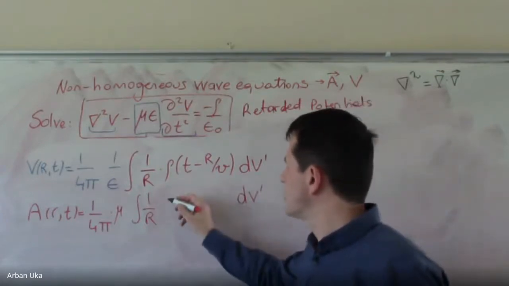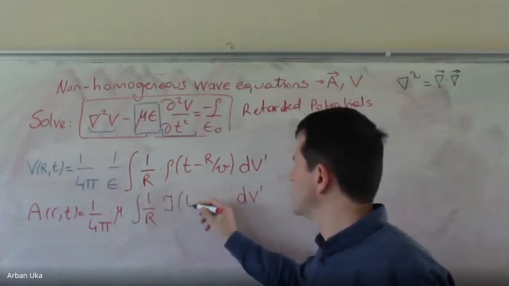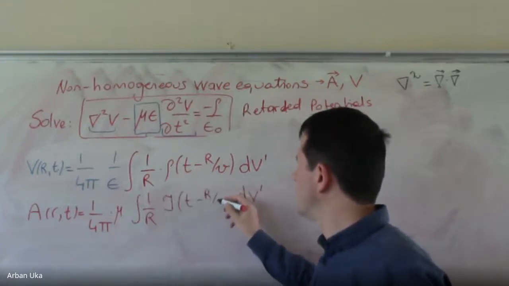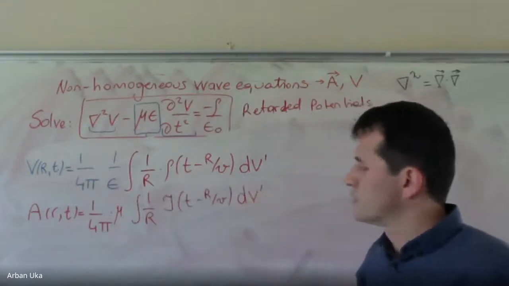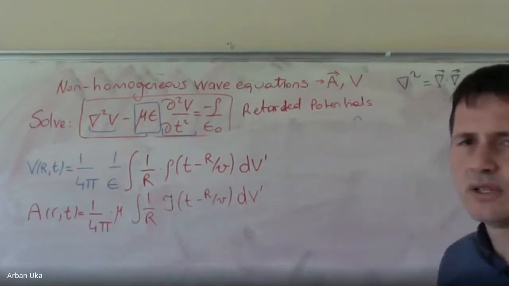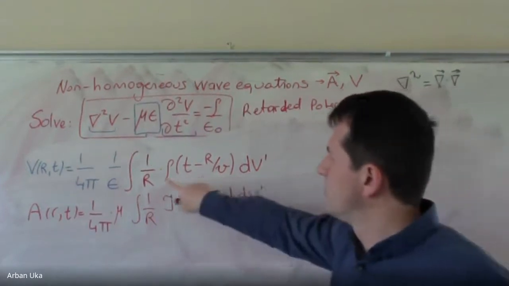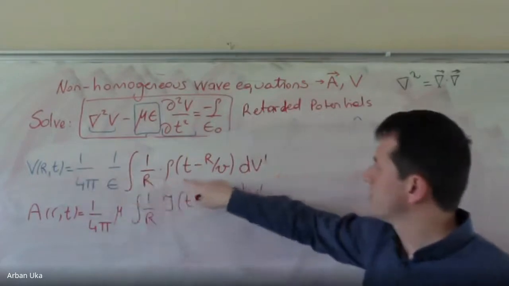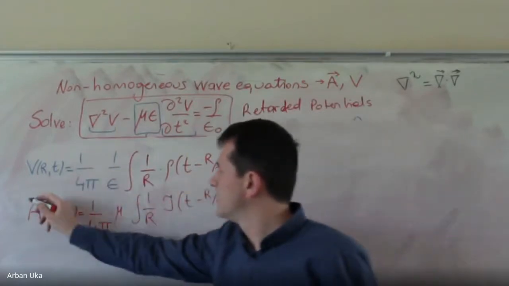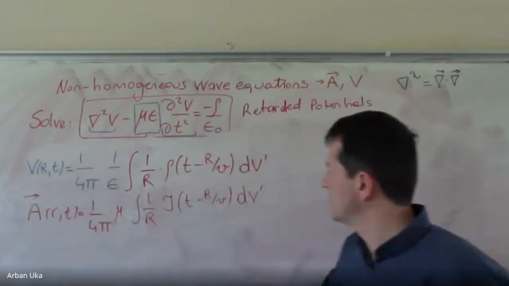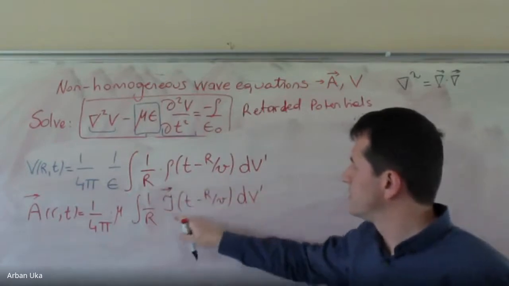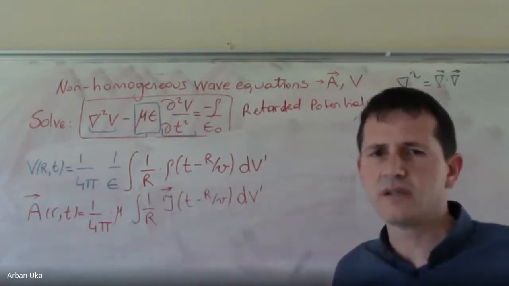And instead of this rho, we write J at time t minus R over v. They're exactly the same; the only difference is that the scalar potential is a function of the charge density, and here the magnetic vector potential is a function of the current density.